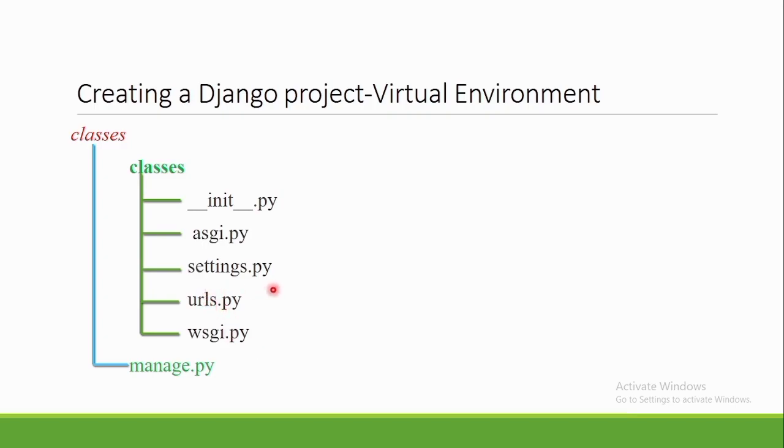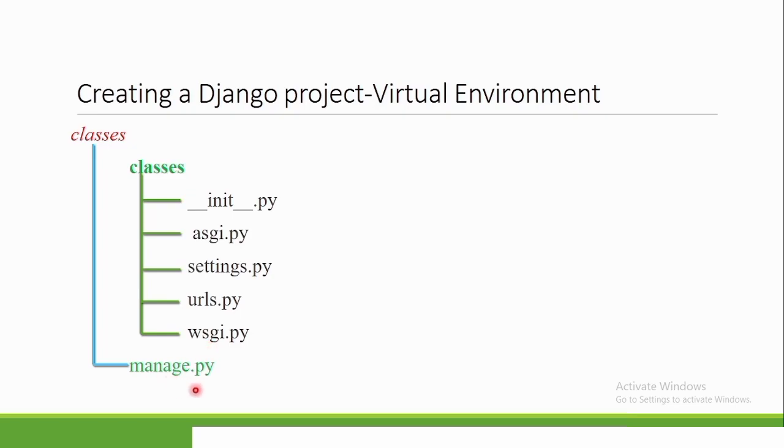Then settings.py is the most important file. Whatever settings you are supposed to do in this project, we'll be doing in this particular file. Then we have the urls.py file, where we'll create all the URLs of the project. So these are the files that will be created automatically as soon as you create that project.